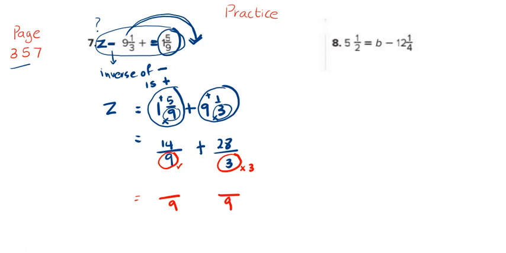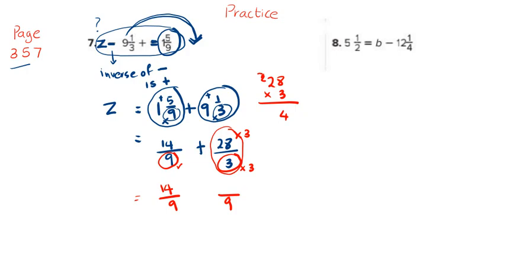The first fraction, 14 over 9, will stay the same because the denominator did not change. So the numerator will also not change. But for 28 over 3, 3 times 3 will give us 9. So I also have to multiply the 28 times 3. 3 times 8 is 24.